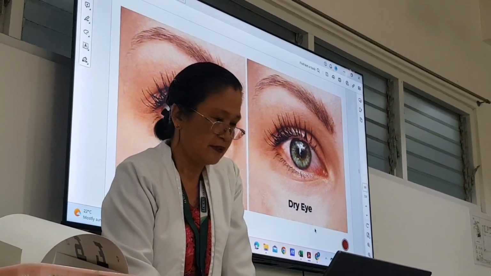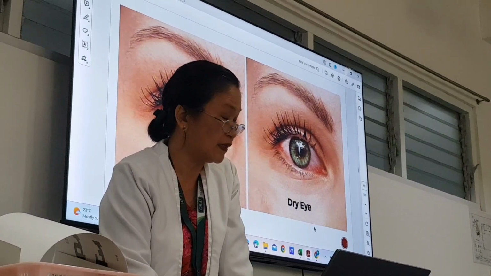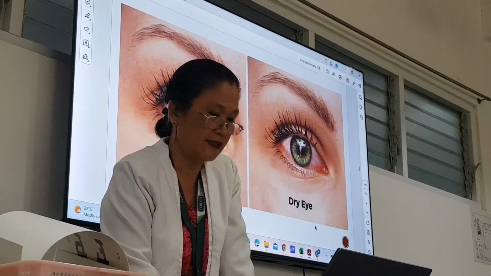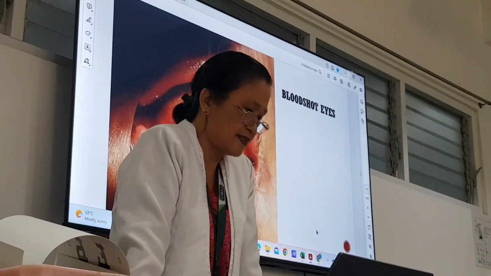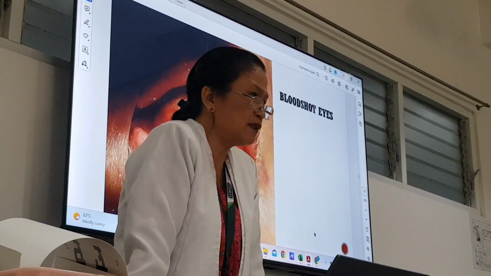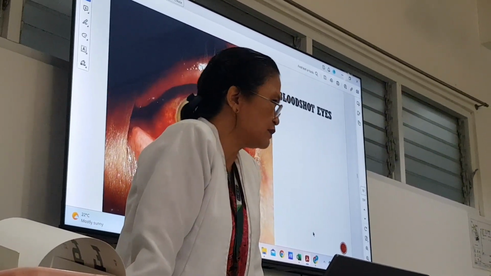Diba? Yung isa is clear na white. Okay? And bloodshot eyes yan. Bloodshot eyes. Trauma, isa na pag nabubugo ka, especially sa mata.